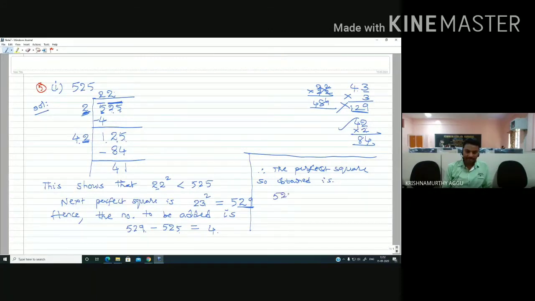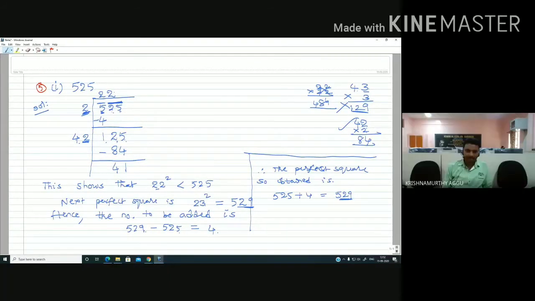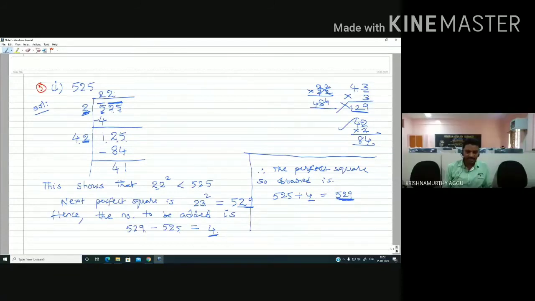For that 525 you have to add 4, then the number you get is the perfect square, 529. Which number is to be added? You will tell that 4. After adding 4, the number obtained is 529, which is a perfect square.